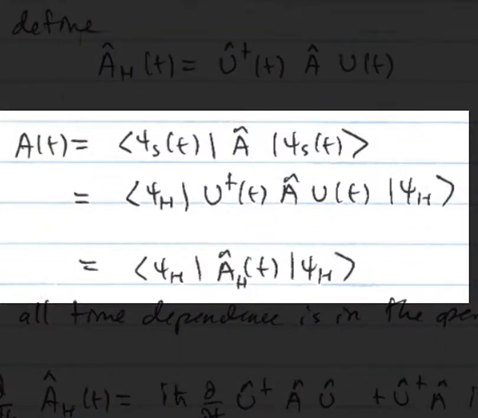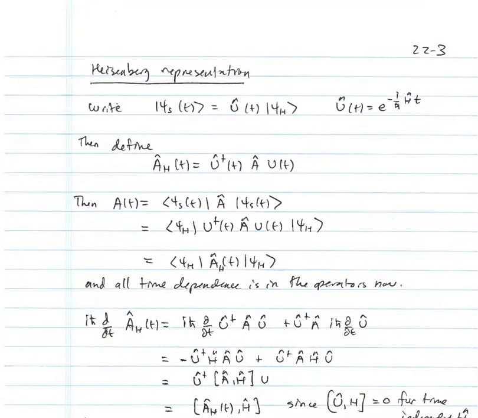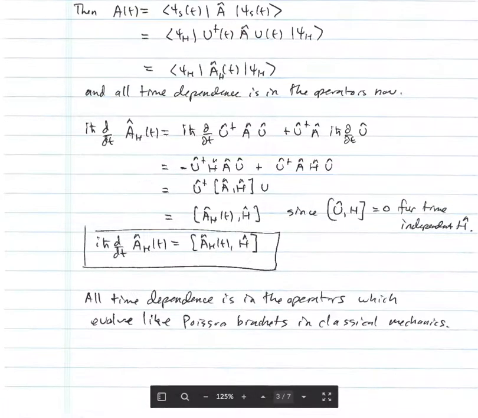Then a of t, the expectation value, will be psi Schrodinger of t, A, psi Schrodinger of t, which we can rewrite as psi Heisenberg, u dagger of t, A, u of t, psi Heisenberg. And then using this new notation, that would be the expectation value of psi Heisenberg, A Heisenberg of t, psi Heisenberg. All of the time dependence now is in the operator because the wave function is time independent. Let's work out the equation of motion for this object.